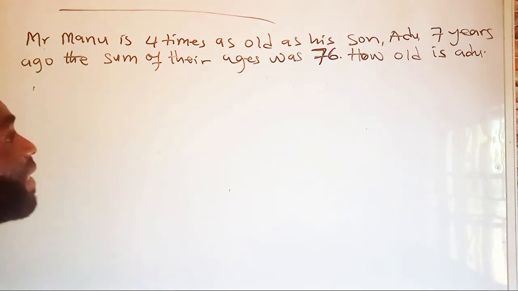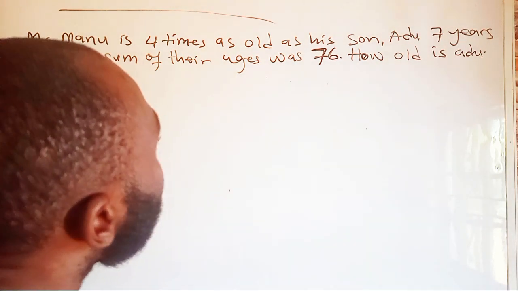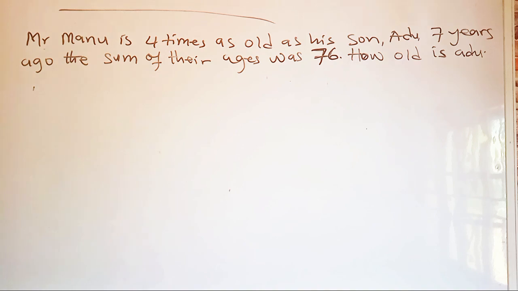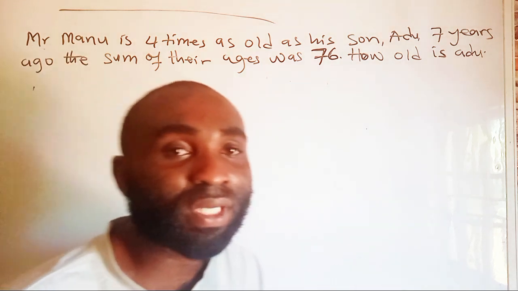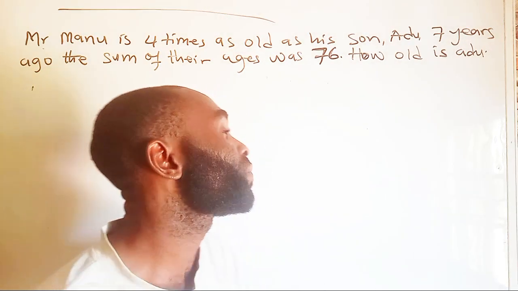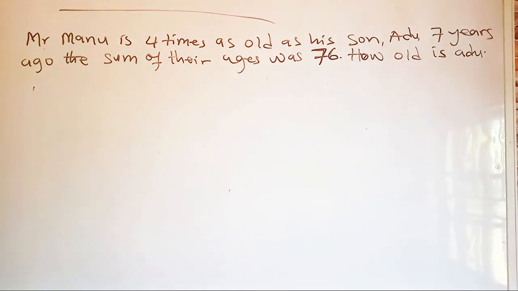So in order to find the age of the father and the son, we will let the son's age equal something, which we can call anything. Could be A, could be P, could be X, anything.